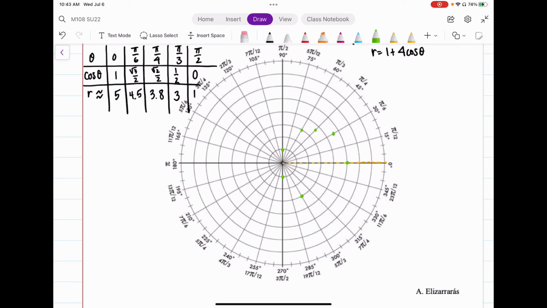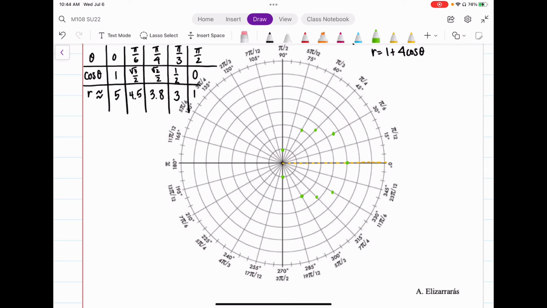At pi over 4, I was at 3.8, so I'm going to go to 7 pi over 4 and do 3.8 as well. At pi over 6, I was 4.5, so at 11 pi over 6, I'm also going to do 4.5.